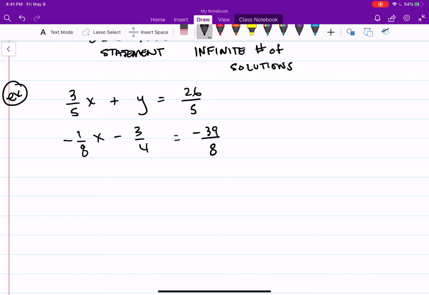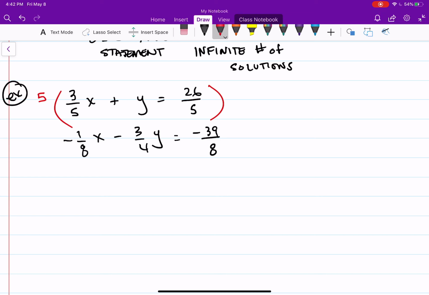So here's the thing. I can get rid of those denominators and change those fractions to whole numbers because they're both equations. So the top, I could multiply every single term by 5.